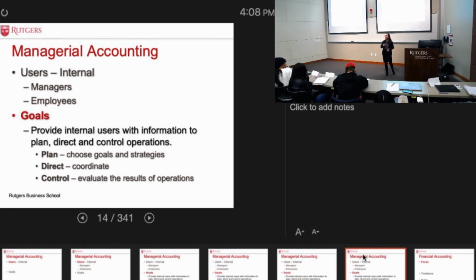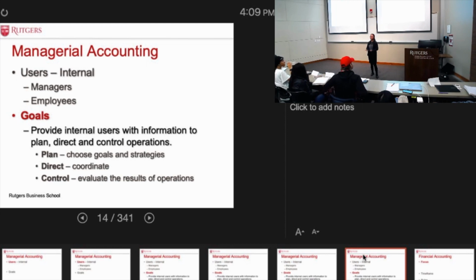And then the third type of decision is about control. Basically, this covers that when you have a plan, right, and then you carry the plan out, you will have your actual performance. And at this time, you compare the actual performance with your plan and see whether there are some discrepancies, right?